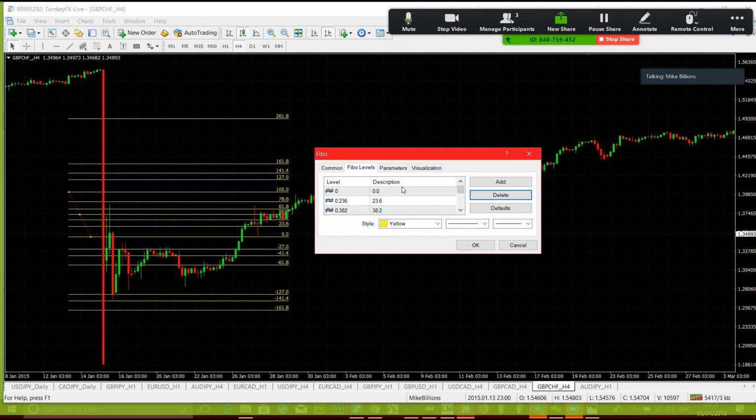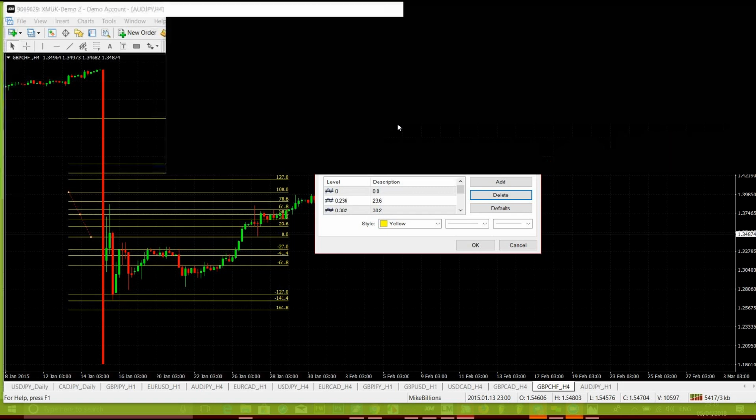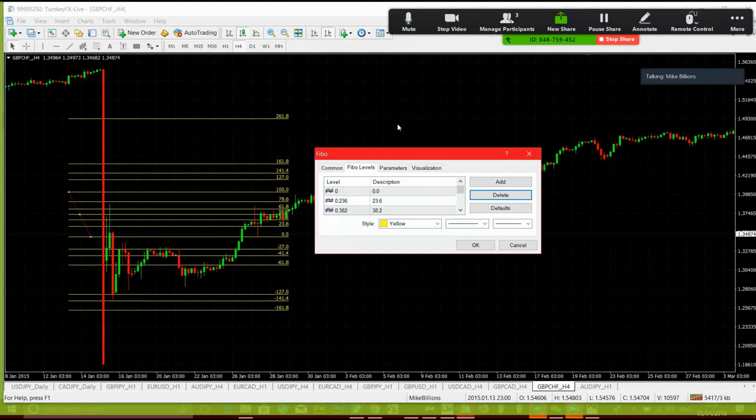But when it's starting from a reversal point, probably after you've seen your double tops, or your head and shoulders, or your triple tops, then if you draw your Fibonacci from there, that gives you a higher probability that the market is going to get to minus 127, because that's the beginning of a reversal.